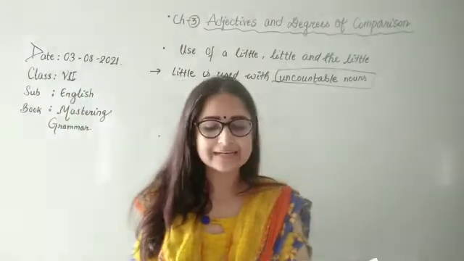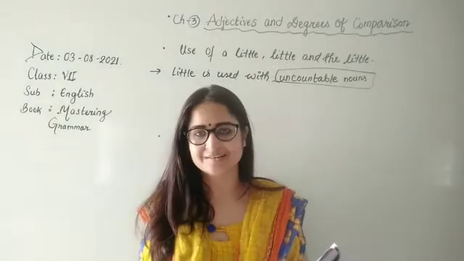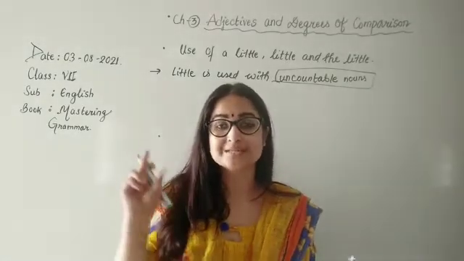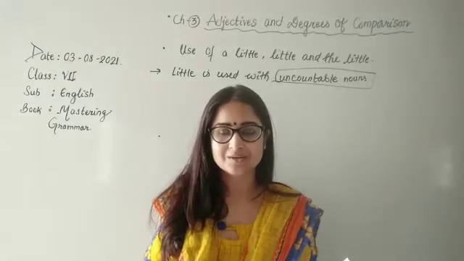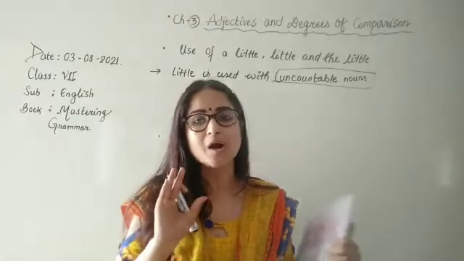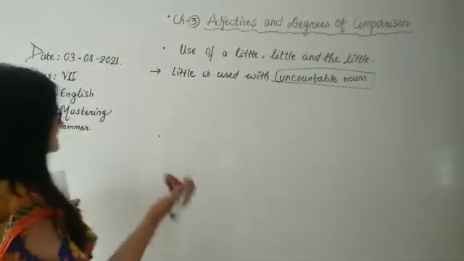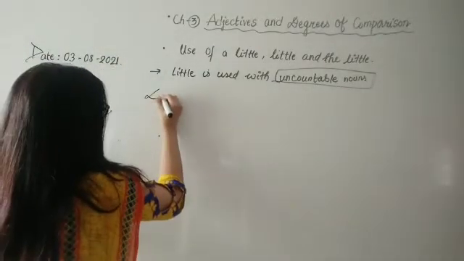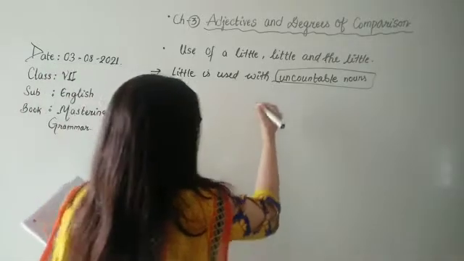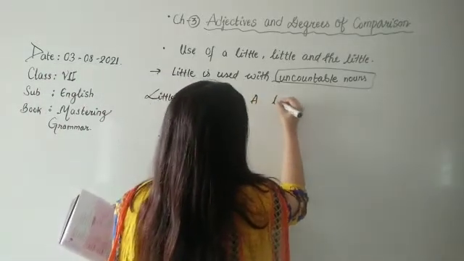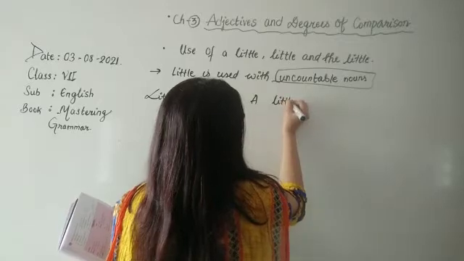Now, little indicates almost none. So you should know this word. Little means almost none. Okay? Nothing or almost none. That means less. So little means what? See, I am writing it separately: little, a little and the little.